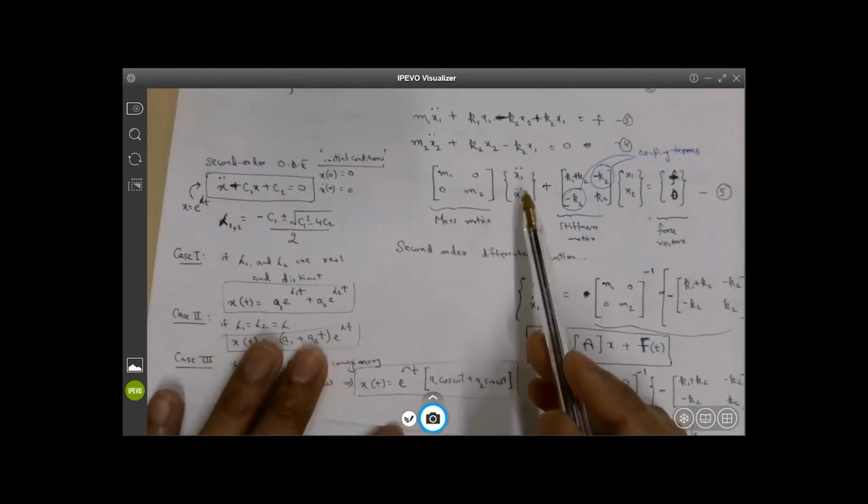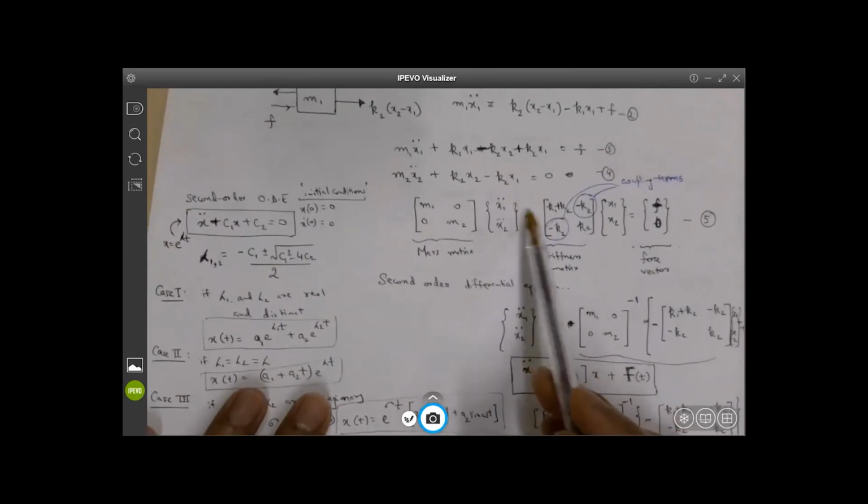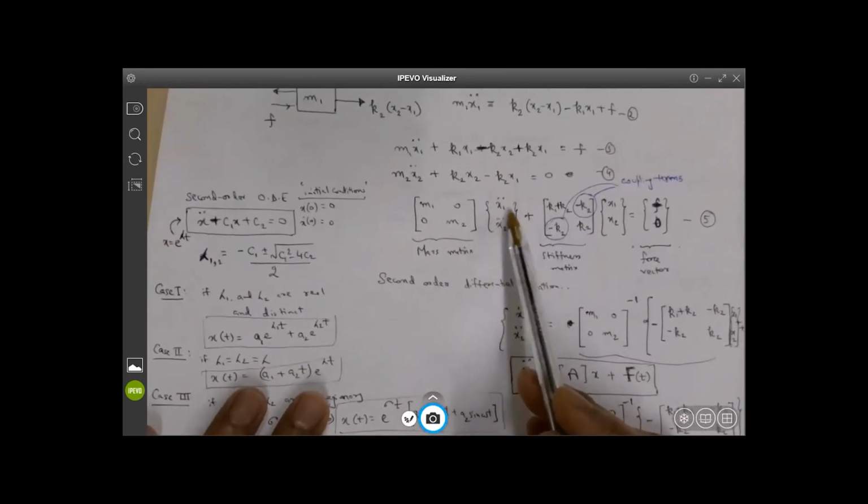But here you have two second order equations, and they are coupled. They are not individual in a single variable.